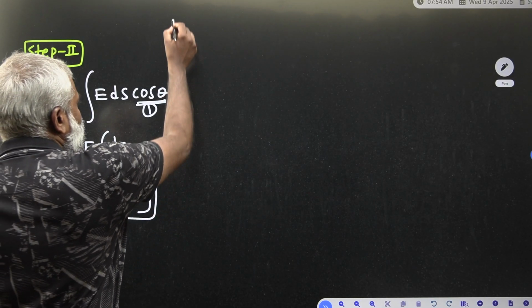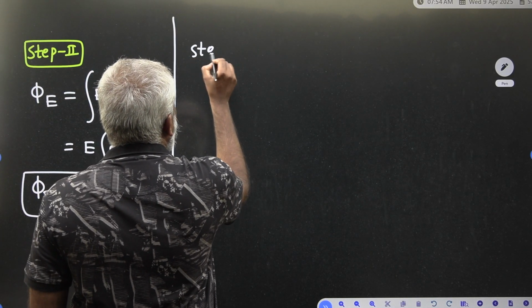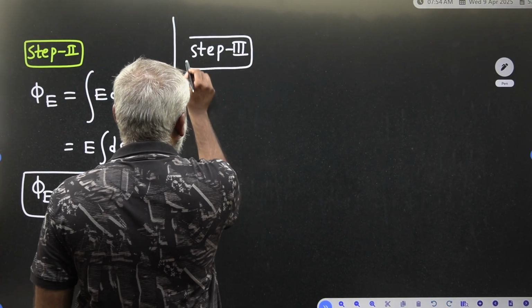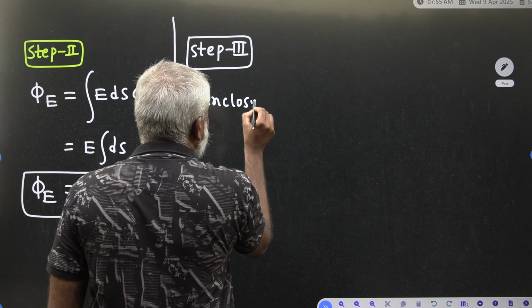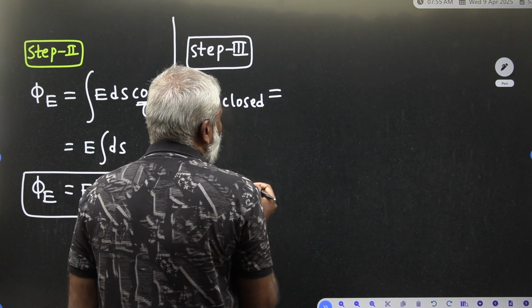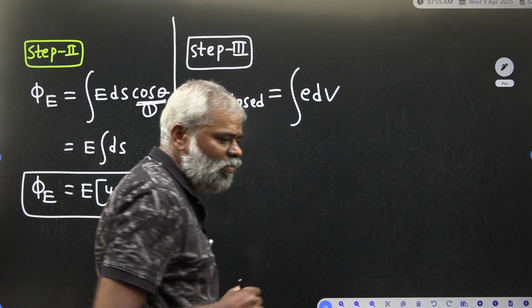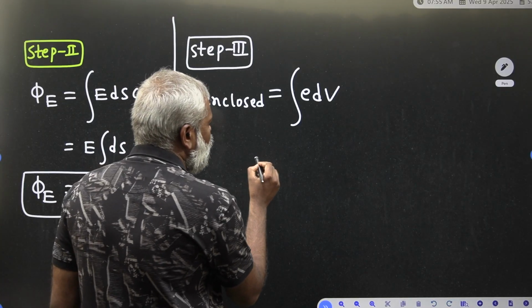Now, you are able to see what that is. That is step 3. What is your step 3? Your step 3 is to calculate the charge enclosed through a Gaussian surface. Charge enclosed through the Gaussian surface is equal to integral rho dV. But we need to say how to write this rho dV.